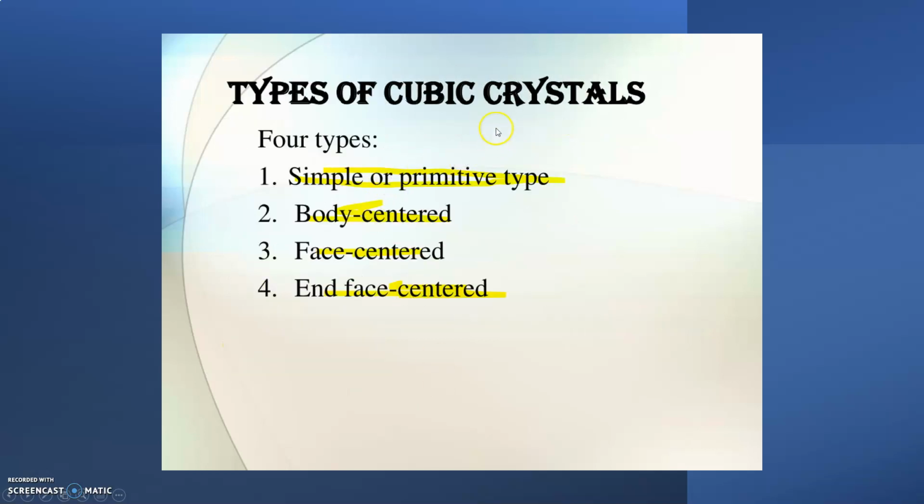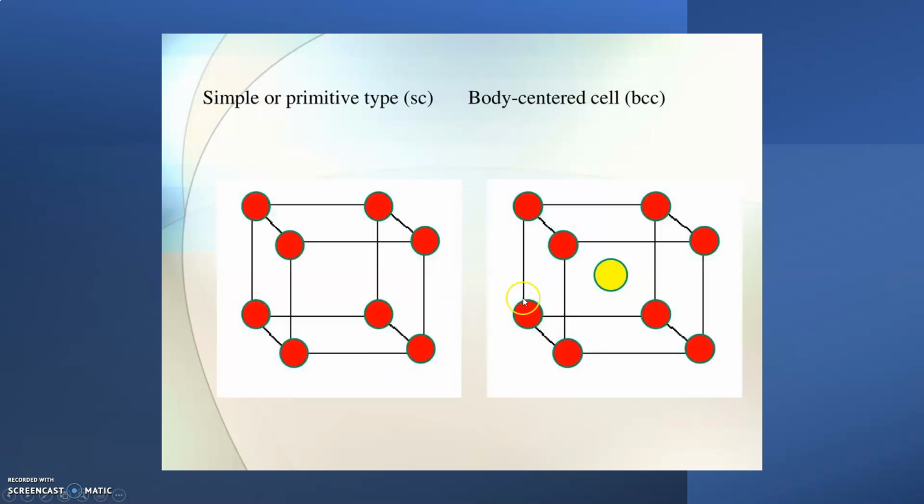The types of cubic crystal can be simple or primitive, body centered, face centered, or end face centered. Here you have the primitive one. It has an atom at every corner.